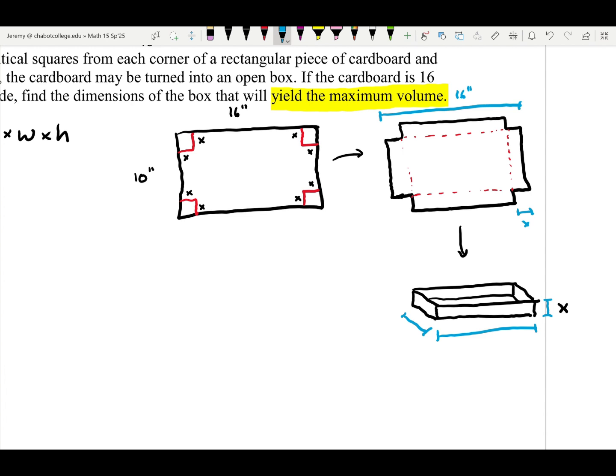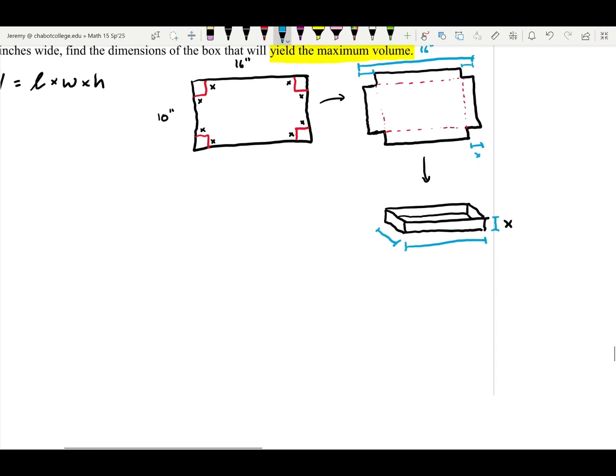It's going to be a little bit smaller because we have to subtract the width of this flap and this flap over here, because both of those got folded up. Since each of those is x inches, this long edge over here is just going to be 16 minus x minus x, in terms of inches. I could simplify this to just 16 minus 2x.